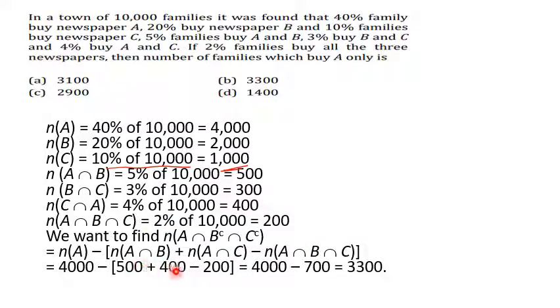So 500 plus 400 minus 200 is 700. So 4000 minus 700 is 3300, which is in option B. So option B is the right choice for this question. So number of families who buy A only, newspaper A only is 3300.